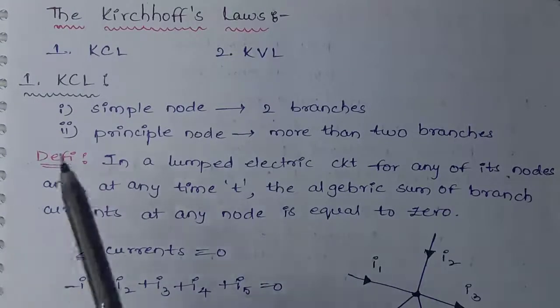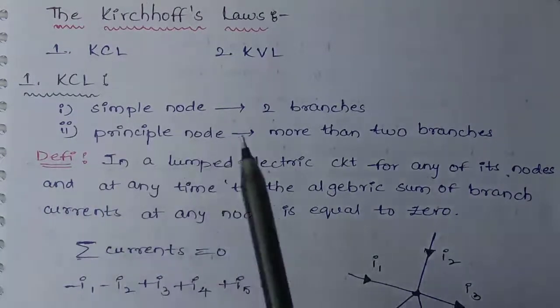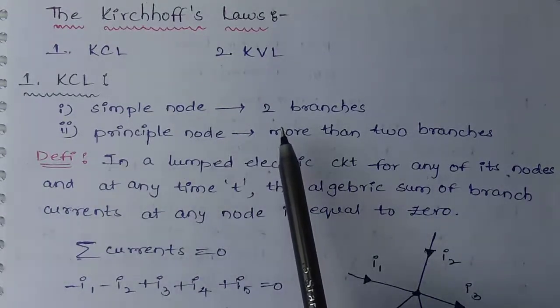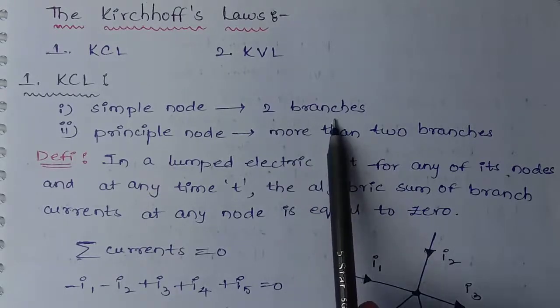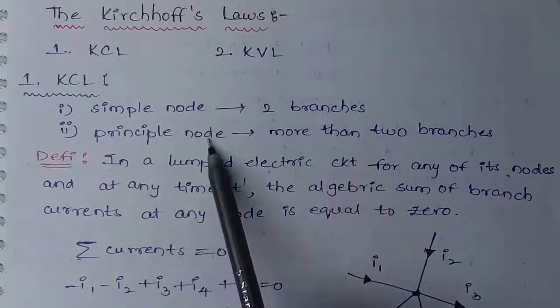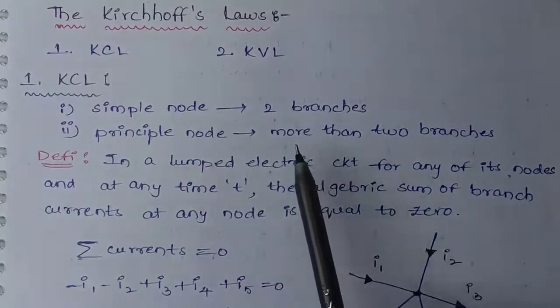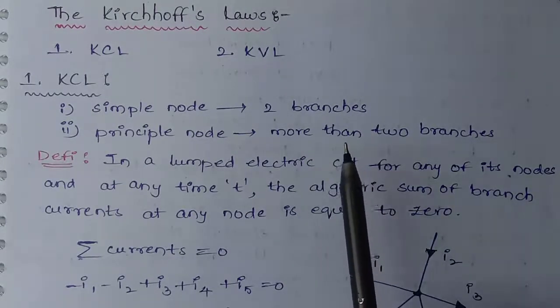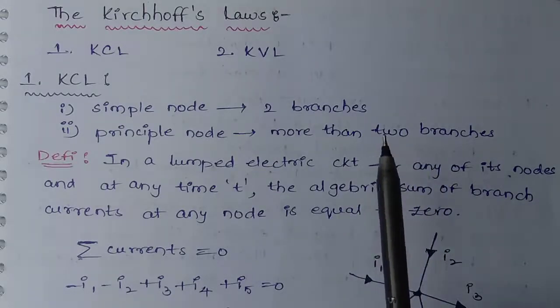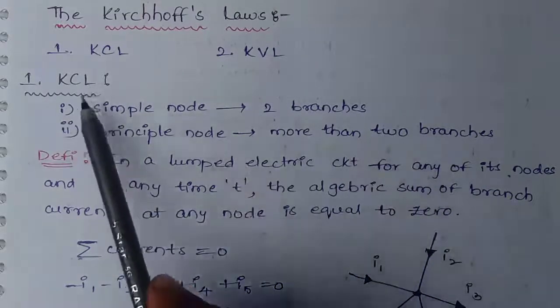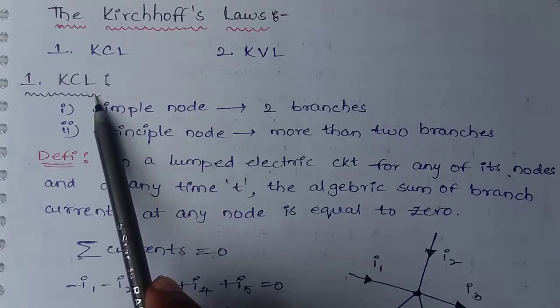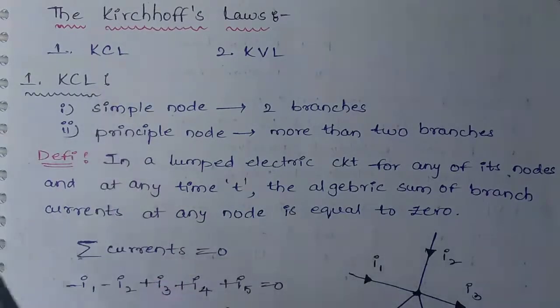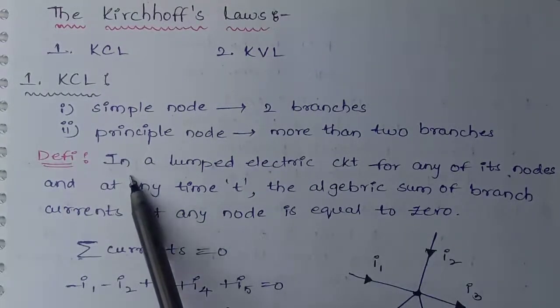So, before going to it, a simple node means a node which is connected between two branches. A principal node means a node where we have more than two branches. Now come to KCL. Note down the definition.